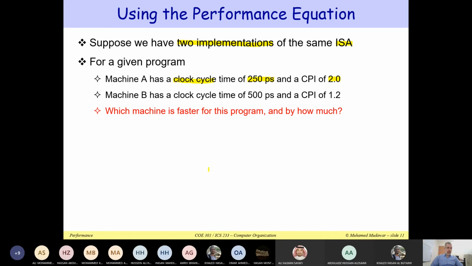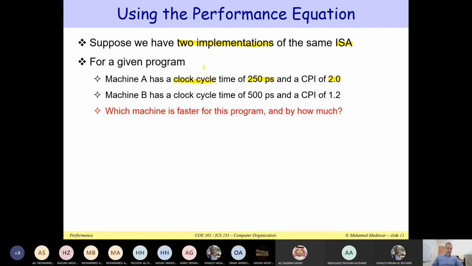So 4 gigahertz. If the clock cycle time is 250 picoseconds, then the clock frequency is 4 gigahertz. You can quickly convert from the cycle time to the clock frequency. So 250 picoseconds means 4 gigahertz.